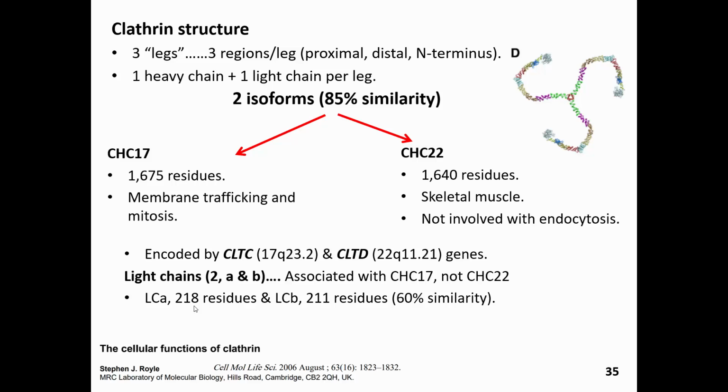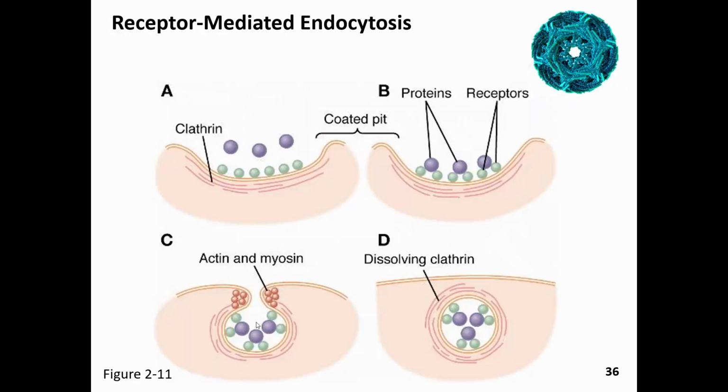The light chain isoform A is made up of 218 residues, while type B is only made up of 211 residues, and they have a lower degree of similarity than the heavy chains did. In the same manner, the genes responsible for the light chain component are located on chromosome 9 and 5, respectively, for A and B.